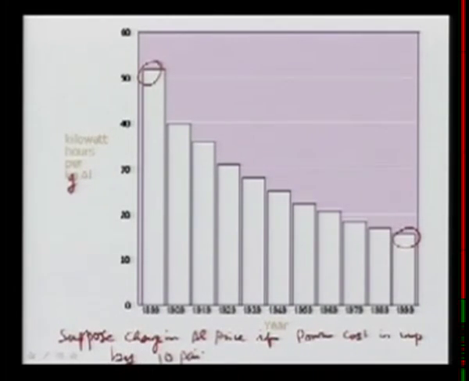Suppose your plant is operating at these conditions, so you are using 20 kilowatt hour per kg, let's say. So the cost that will go up is 20 into 10 paisa per unit.